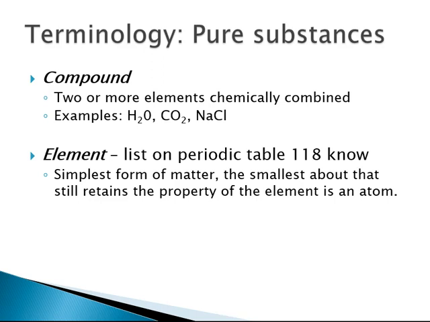So if you just have one of that particle, one of those elements, it's an atom of that material. And we know the elements on the periodic table because we've been given a list. There's 118 of them. So if somebody asks, is this thing a compound or an element? If it's on the periodic table of the elements, it's an element. And if it's not, it could still be something other than a compound. But if it has a chemical formula, then it's a compound.